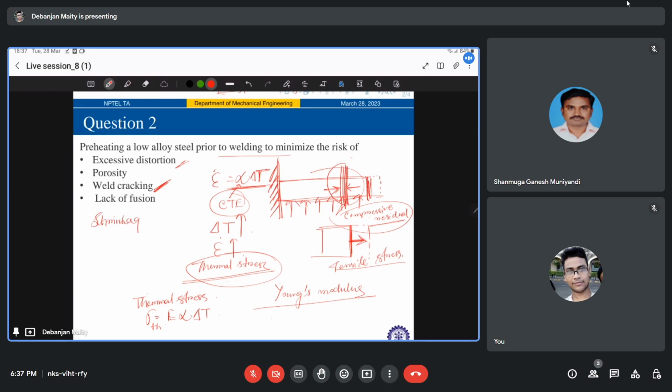In casting also, you have come across this term, shrinkage porosity. During heating, the material is trying to expand, while during cooling, it is trying to contract, right? Because of the shrinkage in the material itself, there will be a cracking tendency in your fusion material.